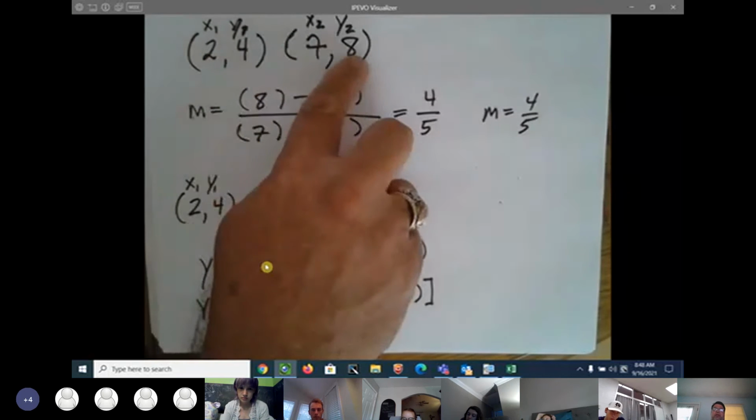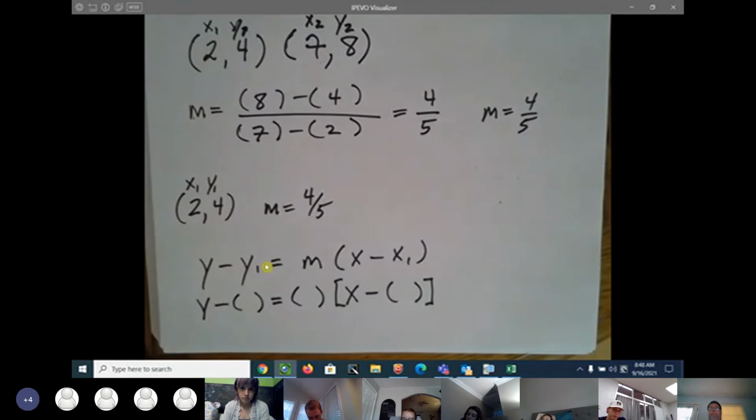Why didn't I pick 7 and 8? Well, if y'all can talk to each other, y'all can talk to me. So I'm just going to sit here and wait until somebody answers the question, because I know somebody knows it. Because I could have picked either one. Why did I pick 2 and 4?